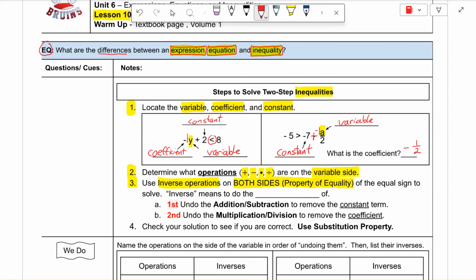Well, there is an error right there. This should say inequality sign. So scratch that out because we're talking about inequalities, and write inequalities. That may be fixed in the future. Sign to solve. Inverse means to do the opposite of.